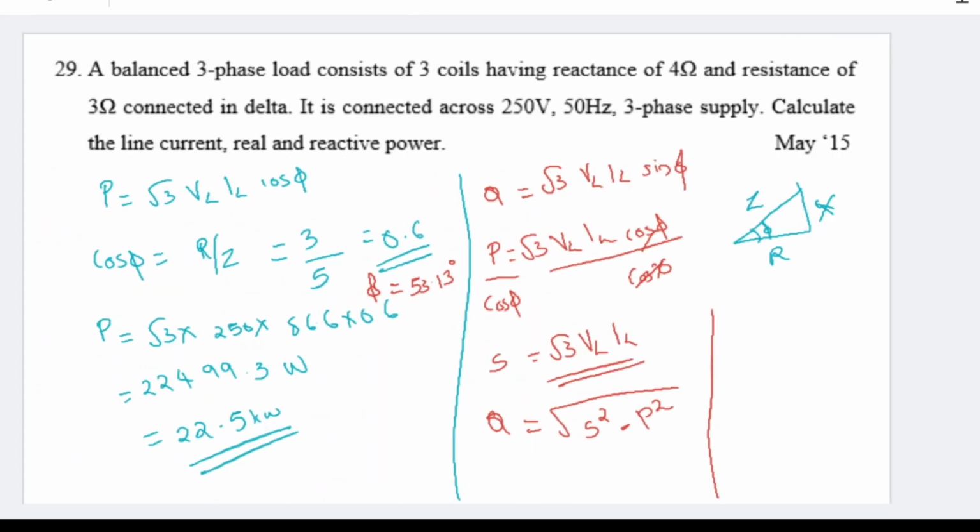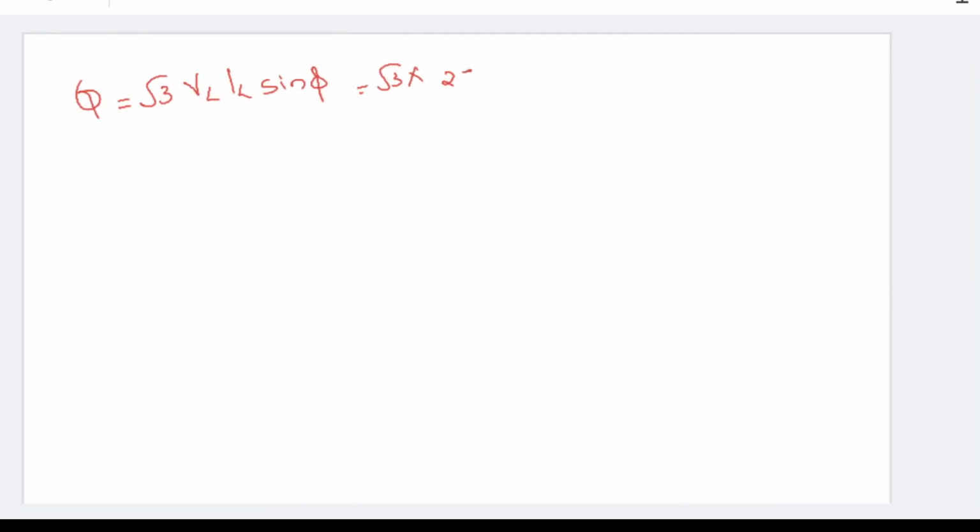So you can find out Q is equal to root 3 VL IL sin phi. That is equal to root 3 into, what was VL? I think VL was 250, into 86.6, into this 0.8.